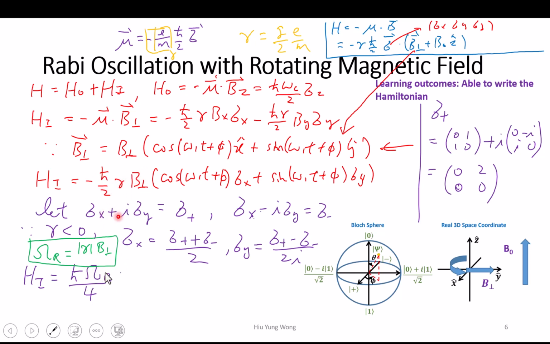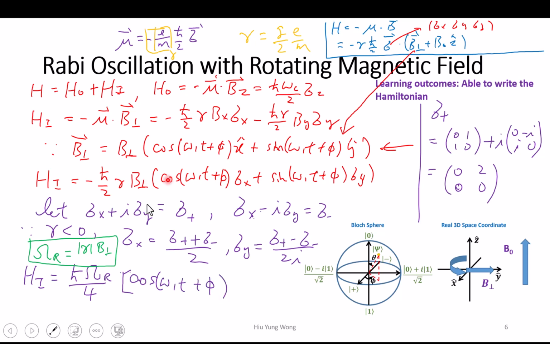I keep H bar, then I have 2. I am going to take the 2 from what I'm going to substitute, because I'm going to substitute this one by this guy. So let me start the math again. From here, what I got is cosine omega 1t plus phi.